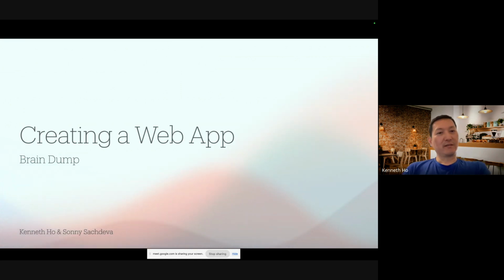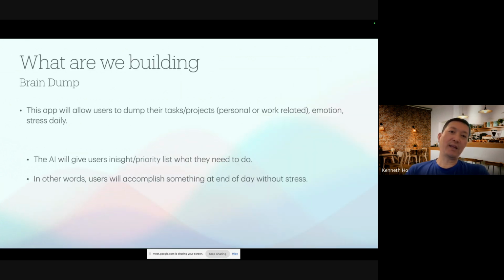The first slide is the app called Bingdom. Like I told you before, this app allows users to dump their ideas, tasks, and projects, personal or work related. You tell it your emotions, that you're stressed out, and then AI tells you the part of the list you need to do that day.